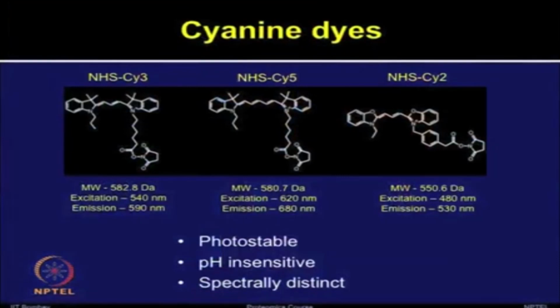So, now in the DIGE technology, those cyanine dyes are used. There are three different Cy dyes, as I mentioned, the Cy3, Cy5 and Cy2. The excitation and emission wavelengths of these three are defined.